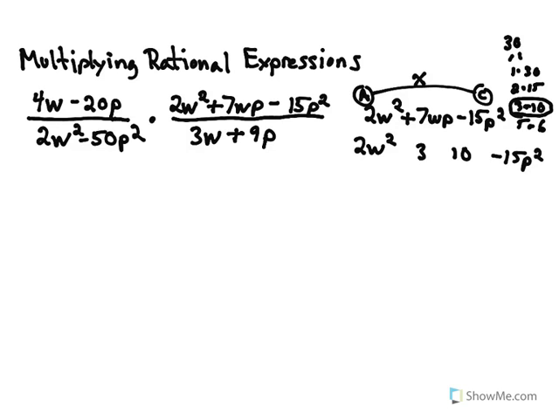It would have to be a minus and a plus. That would be the only way to get a 7. And the variable is going to be a WP for both of those, because minus 3WP plus 10WP would be the only way to get a positive 7WP in the middle.